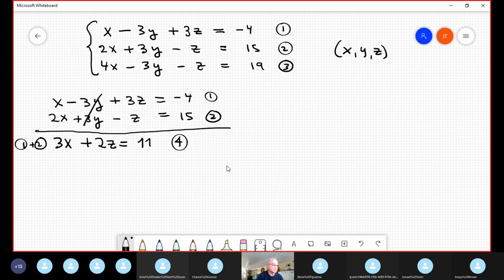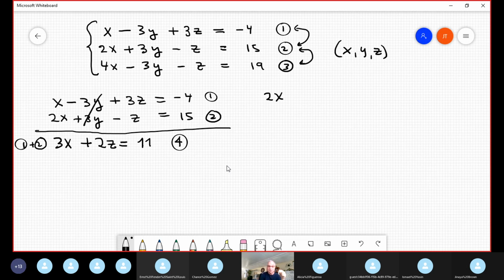Okay. Now, in the next step, you pair. I pair 1 and 2. I pair, for example, 2 and 3, or 3 and 1. Doesn't matter. But you are smart. You pair 2 and 3, because this is the most important thing I want to explain today.